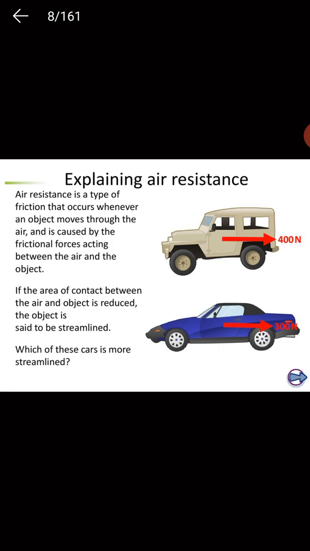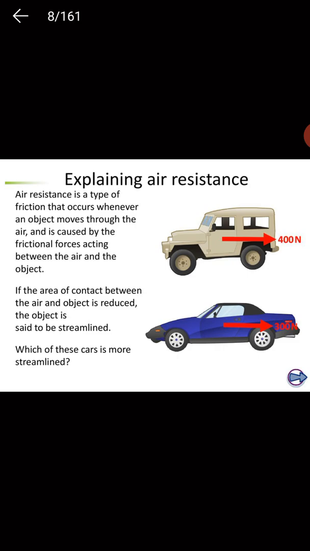Air resistance is a type of friction. It occurs when the object is moving in the air. Now let's see these two images here. In the first one, the vehicle is somewhat flat at the center. But in the second image, the car is narrow in front.